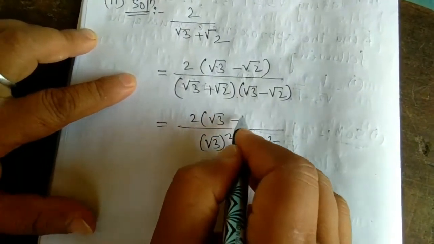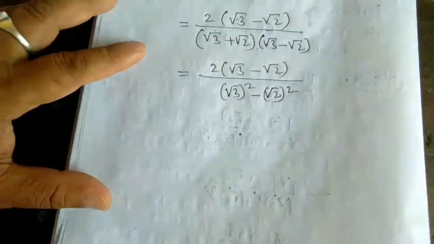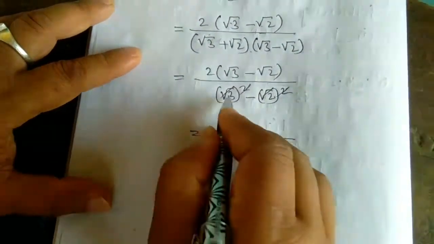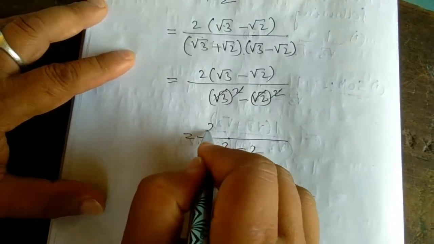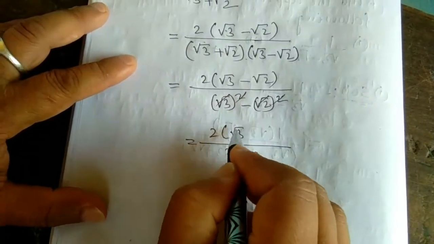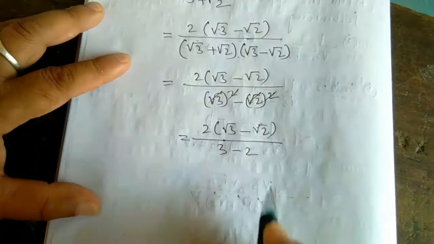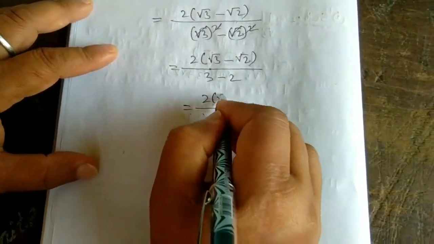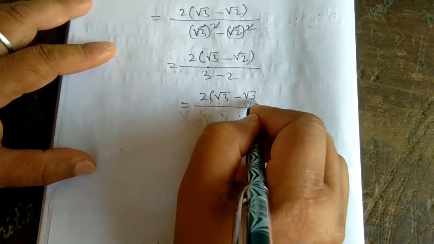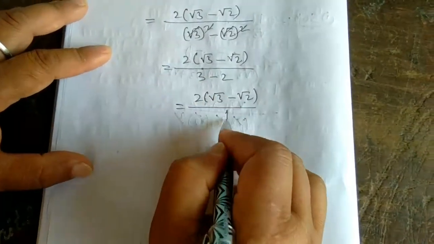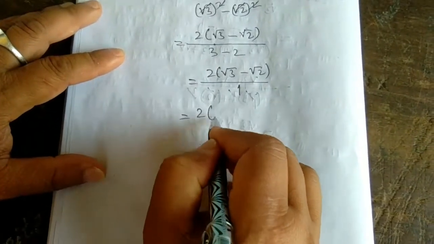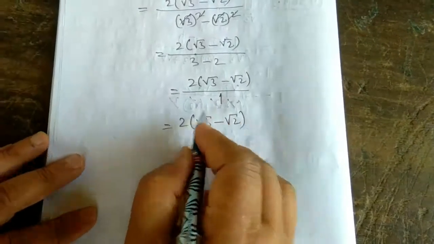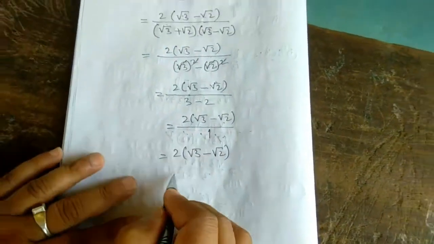Root 3 minus root 2, square and root cancel. 3 minus 2, 2 into root 3 minus root 2. 3 minus 2 equal to 1. Same as before, 1 in the denominator we don't write, it's meaningless, so you write like this.